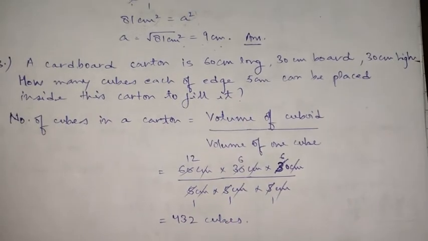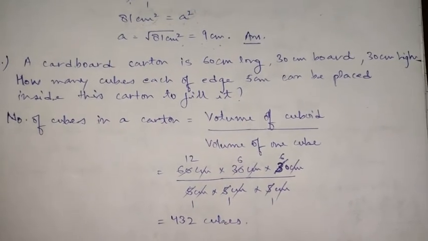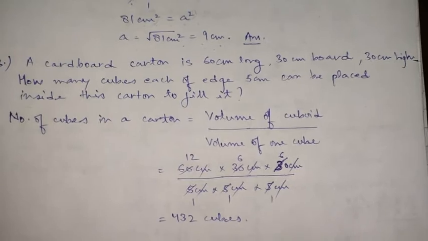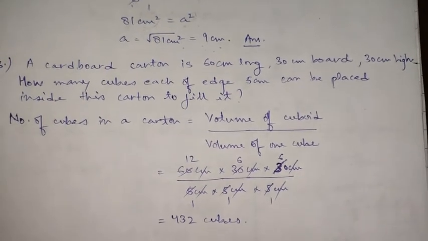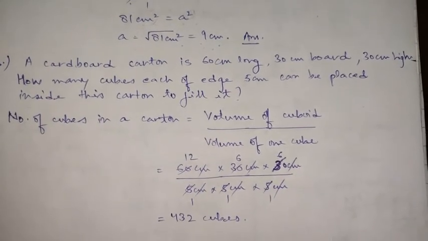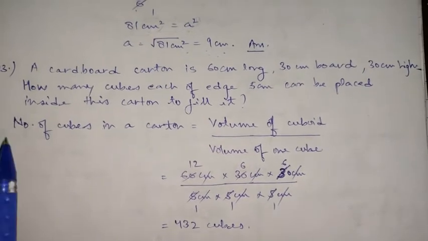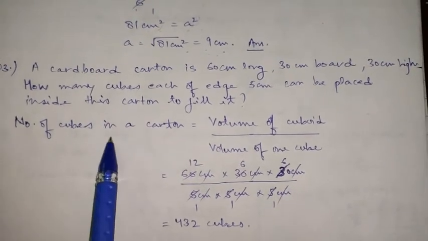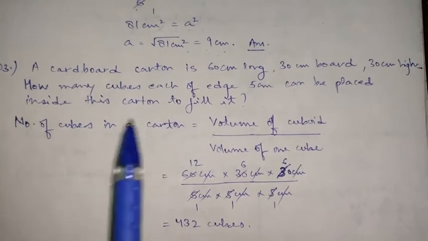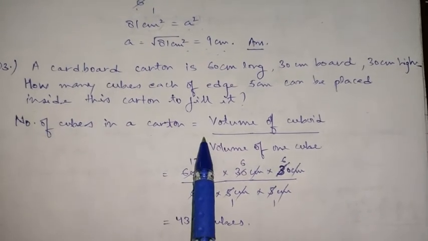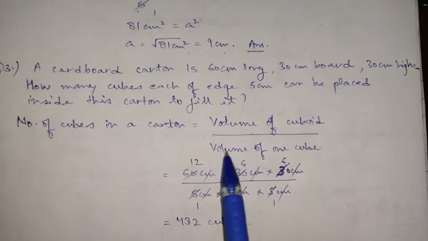Now in these kinds of questions where we have to find the number of any quantity that can be placed in another bigger dimension, there is a shortcut. The number of cubes that can be filled in the carton will be equal to the volume of the cuboid upon the volume of one cube.